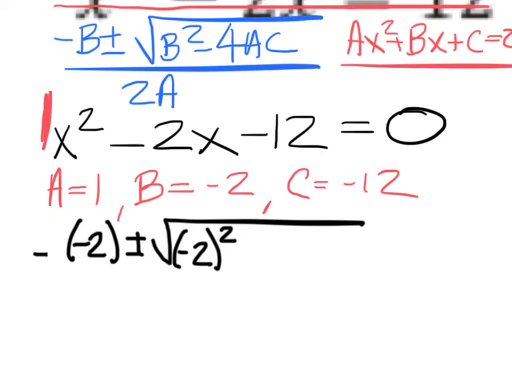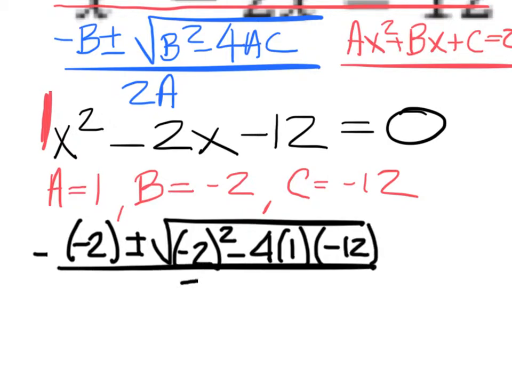Don't just put negative 2 squared, because if you type in negative 2 and square it in your calculator, it's going to be negative 4. You have to include it with parentheses, and then minus 4 times 1 times negative 12, all of that over 2 times 1.